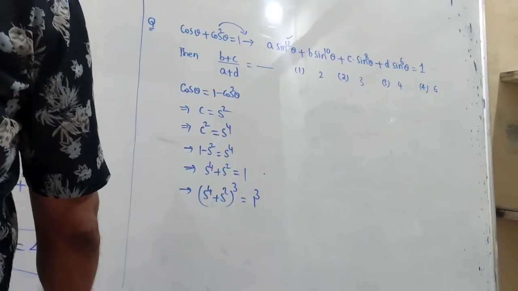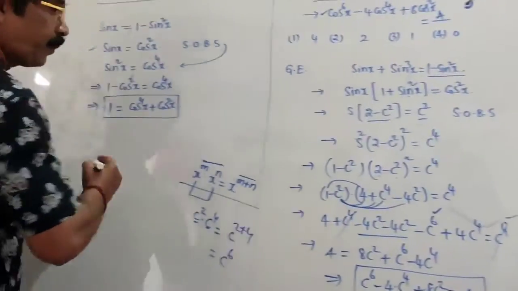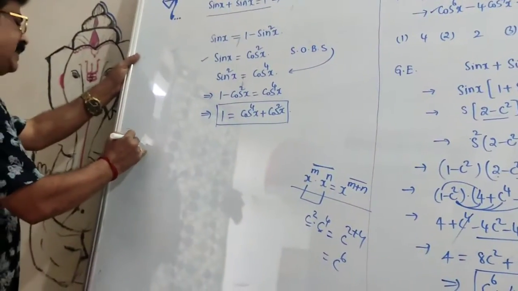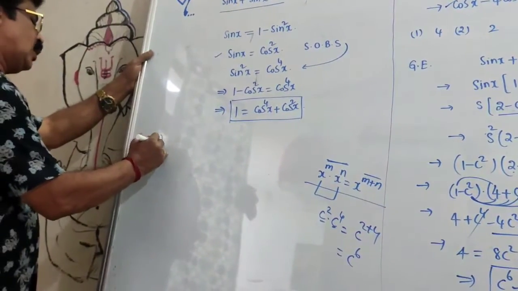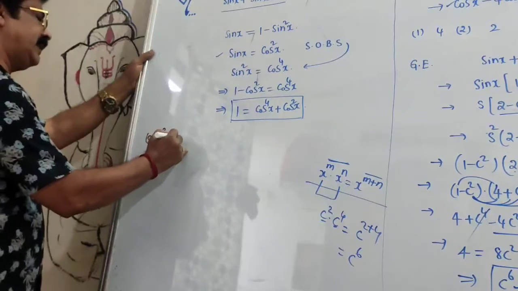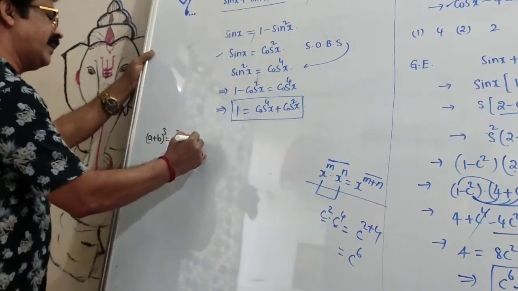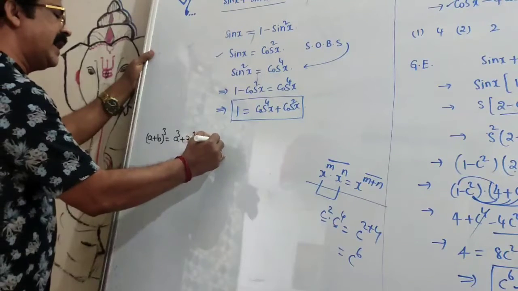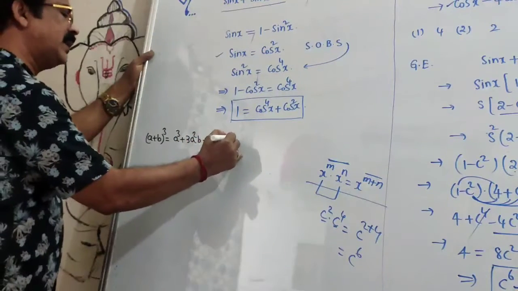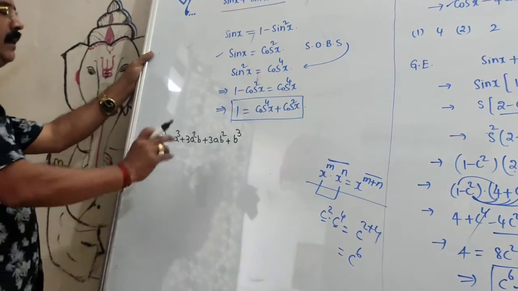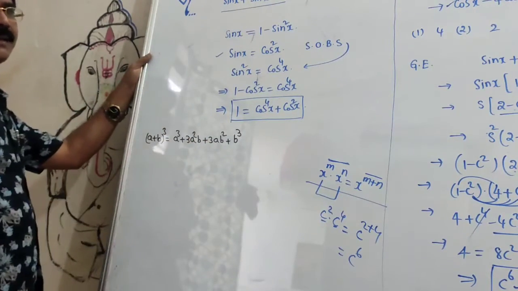Understand? You come here. It is in the form of (a plus b) whole cubed. Tell me, (a plus b) whole cubed is equal to a cubed plus 3a square b plus 3ab square plus 1 into b cubed. At present, I will use this formula. Understand?